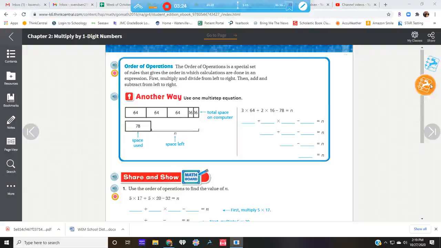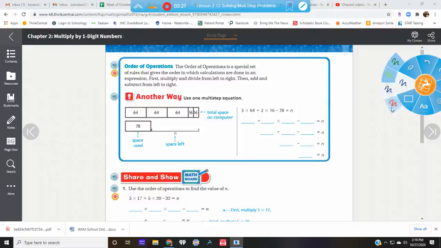So the first thing we're going to do is take 3 times 64. Well, we already did that once. 3 times 64 is 192. Okay? So now we've done that part of the problem. We're going to fill in the rest: 2 times 16 minus 78. Now we go to the next step. 192, let's get rid of 2 times 16 and make that 32 minus 78.